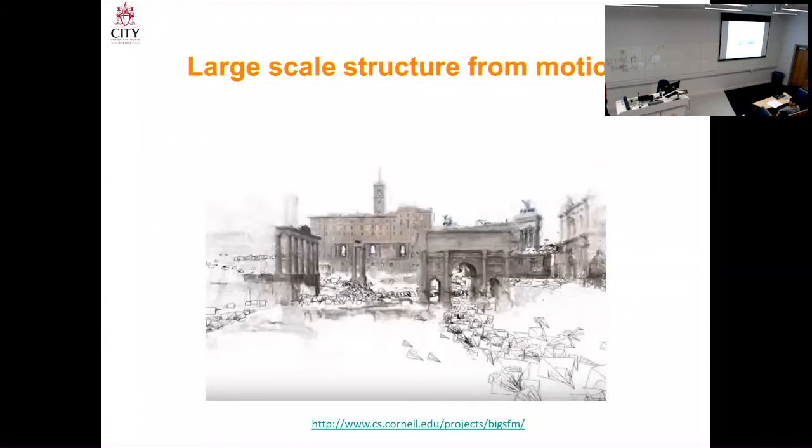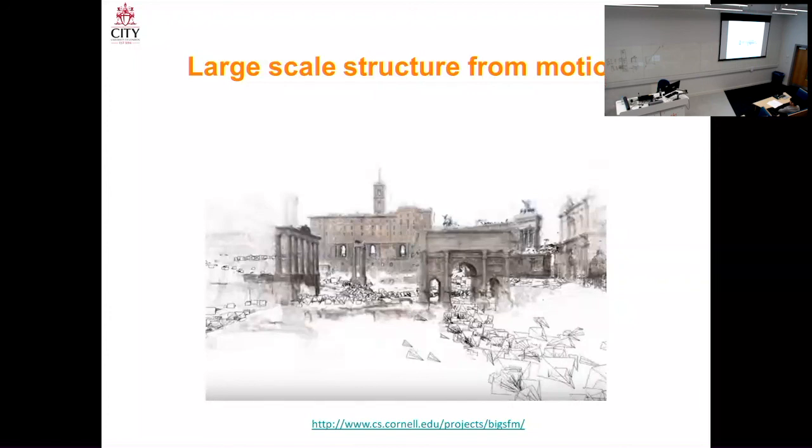Okay, I'm running out of time, but if you get a chance, please check out the slides. If you click on this link, it's going to show you a really cool structure from motion application where they went onto Flickr and took thousands and thousands of images of popular locations.